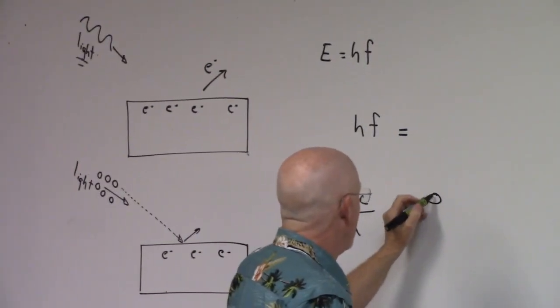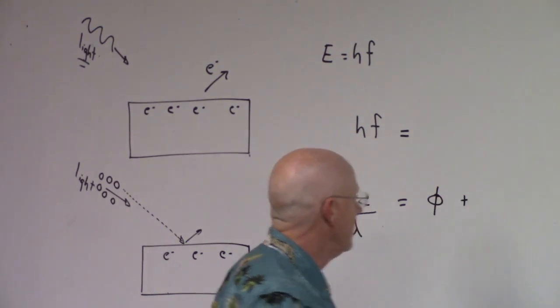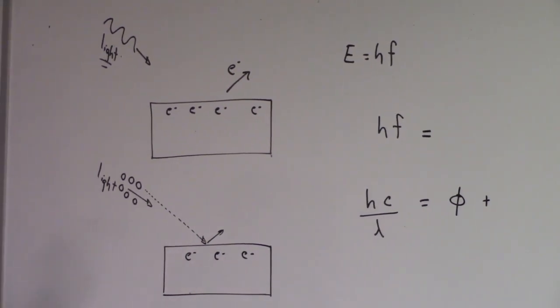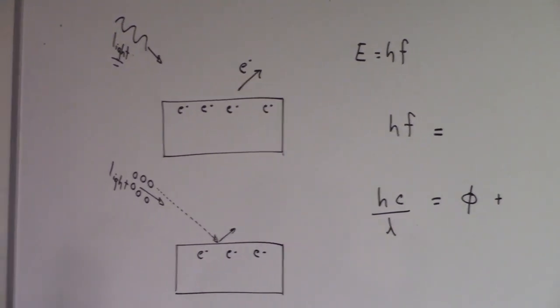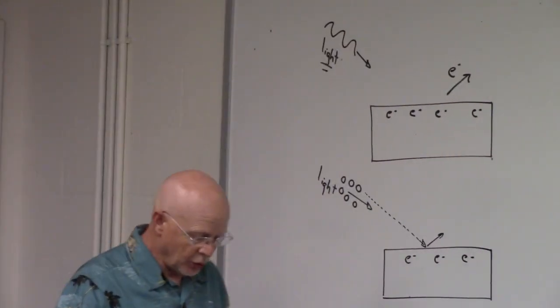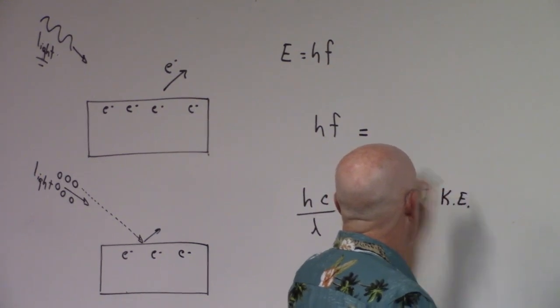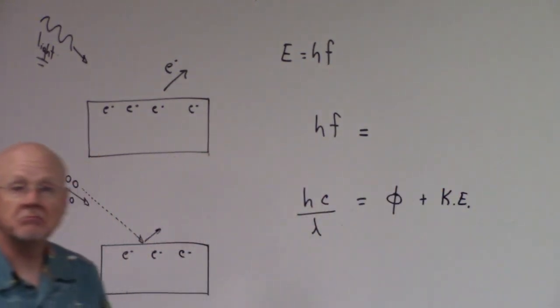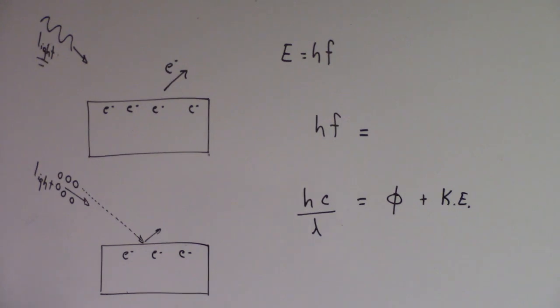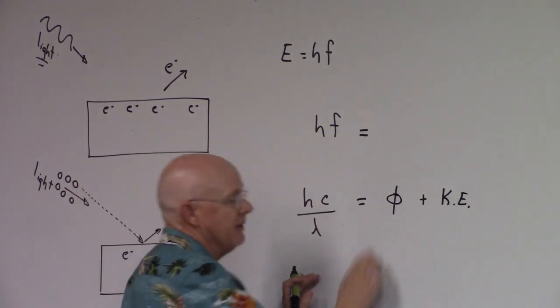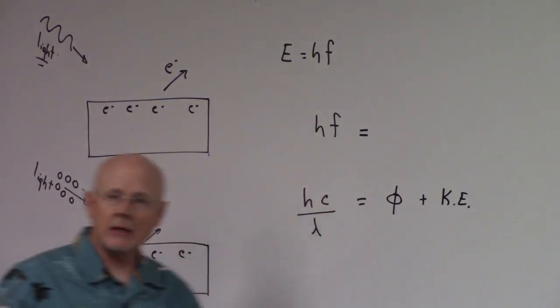That's the work function. And so different materials would have different values to break it free. And then anything that's left over would be the kinetic energy of the electron. And so now you begin to see that the higher the frequency for that given material, the higher the kinetic energy.